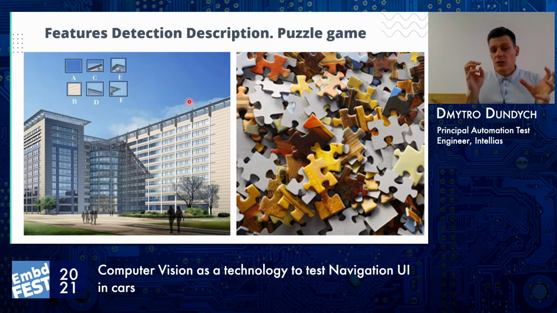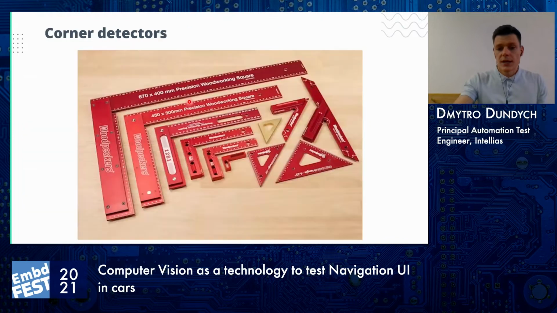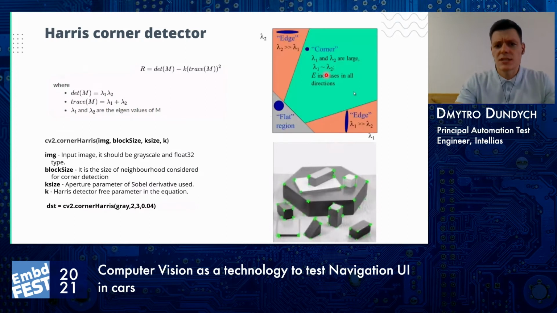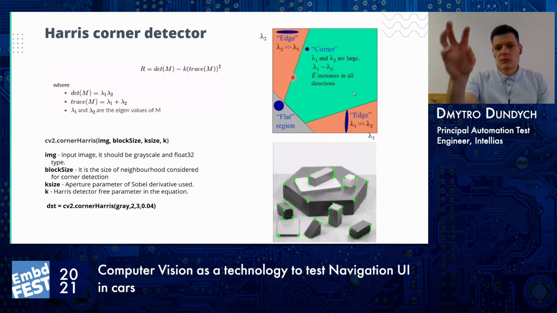So to work with that map, to work with that feature finding, we need to find some corners. How do we find corners? We need a corner detector. It started with Harris, actually. There is a simple way: just move this part up and down, left and right, and see how the characteristic differs.